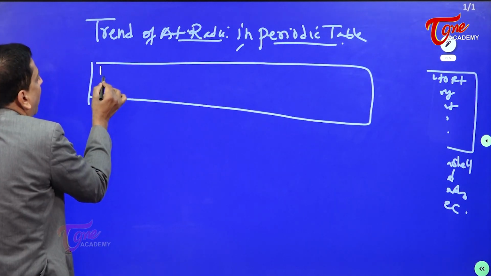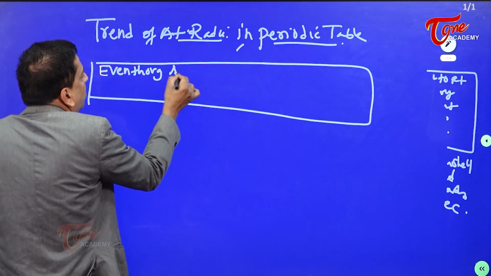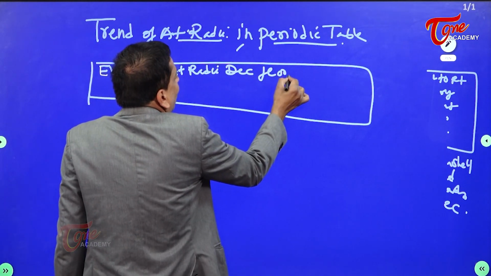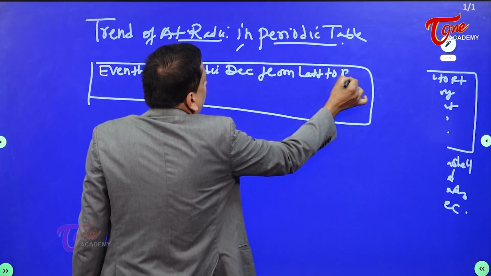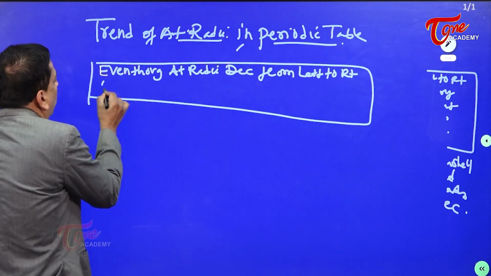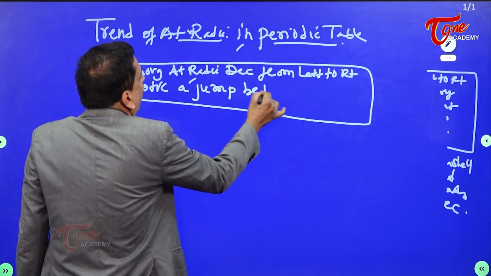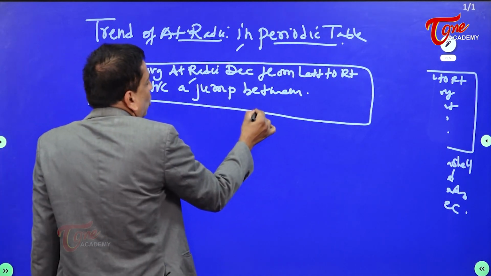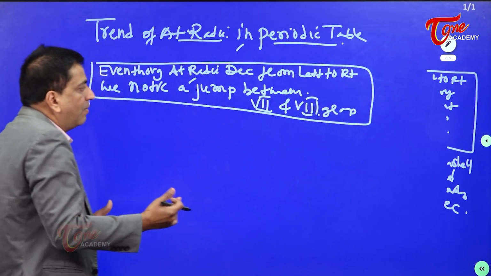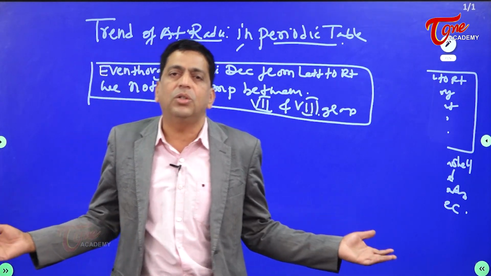Even though atomic radius decreases from left to right, we notice a jump between the 7th and the 8th groups. 7th is halogens, or in the modern periodic table, we call it the 17th group and the 18th group.